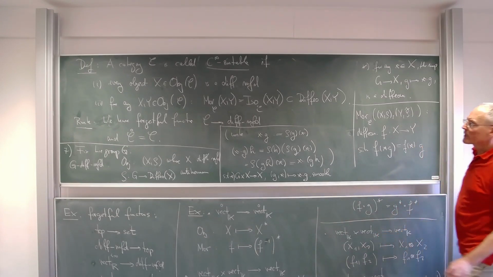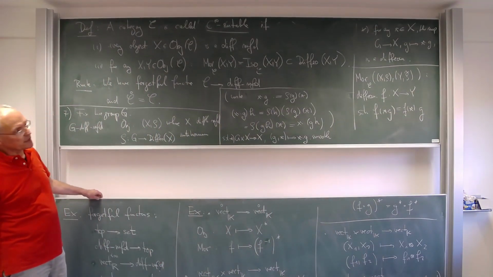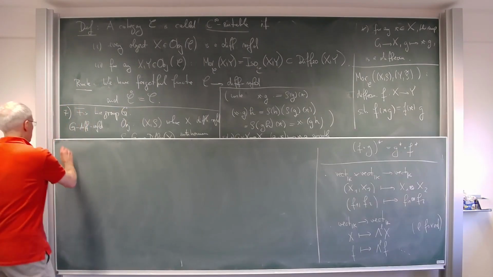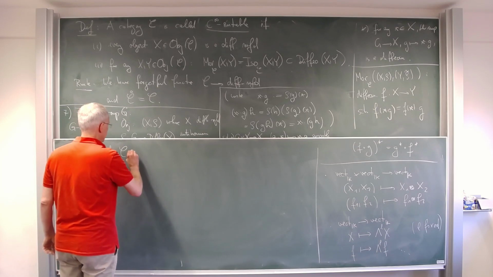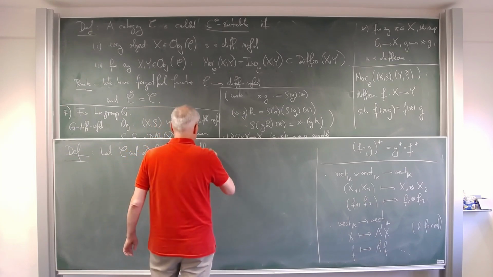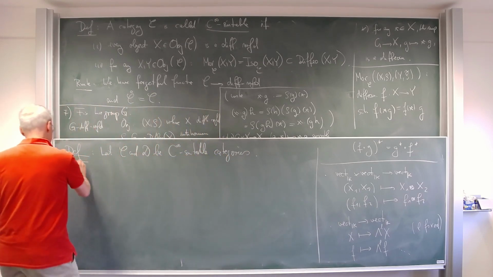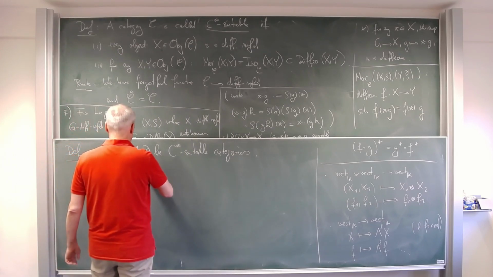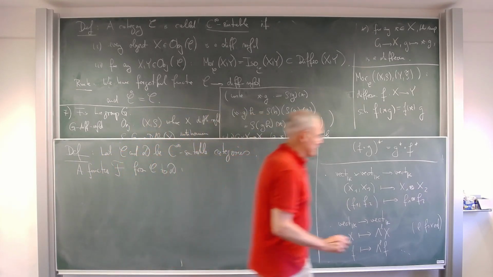Okay, and now these are suitable categories, and each of these categories that I've listed here will lead to another kind of bundle. Now, the corresponding type of functor between such categories, so let C and D be C infinity suitable categories. A functor F from C to D. Maybe I should make another definition first.